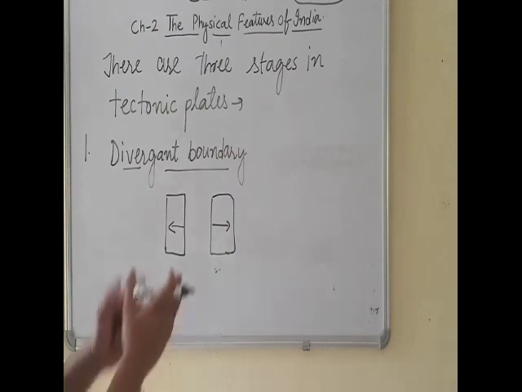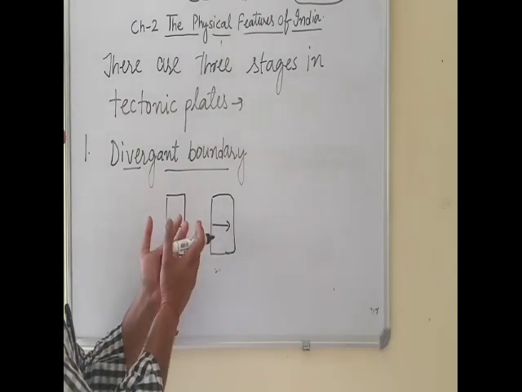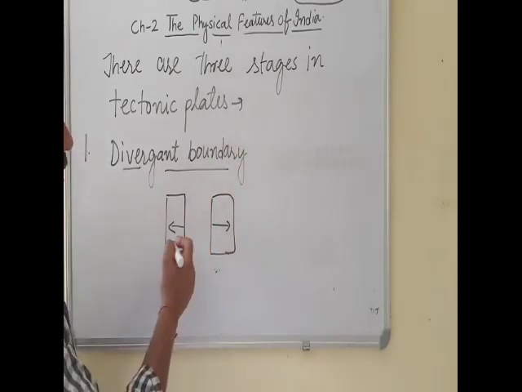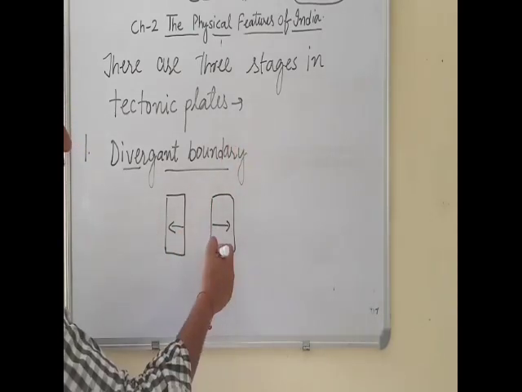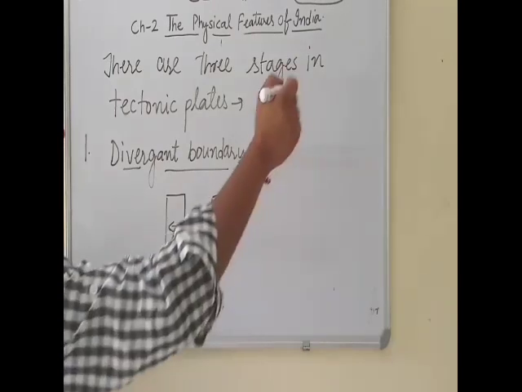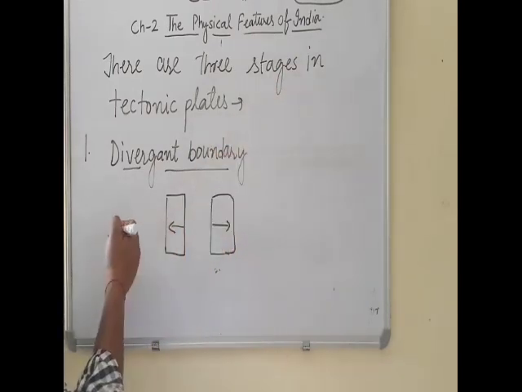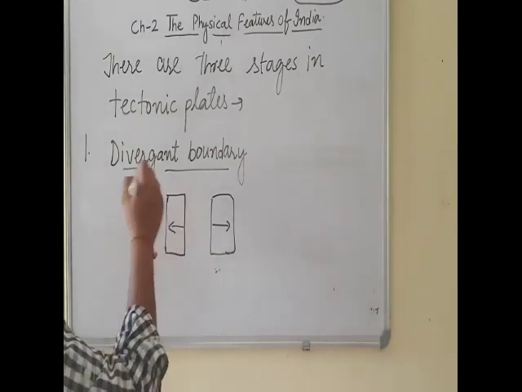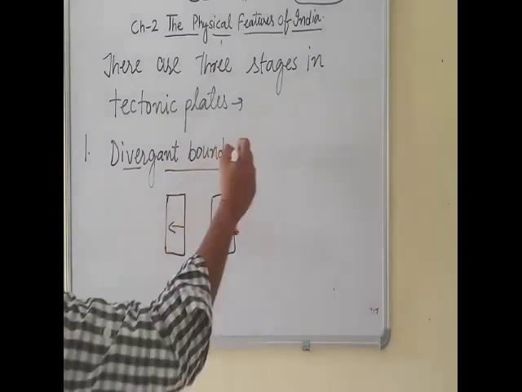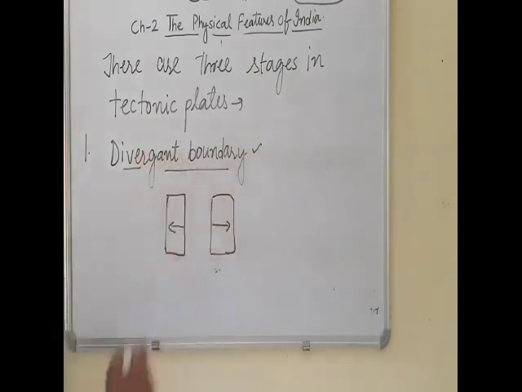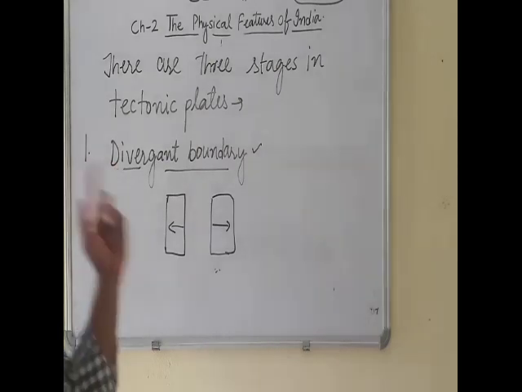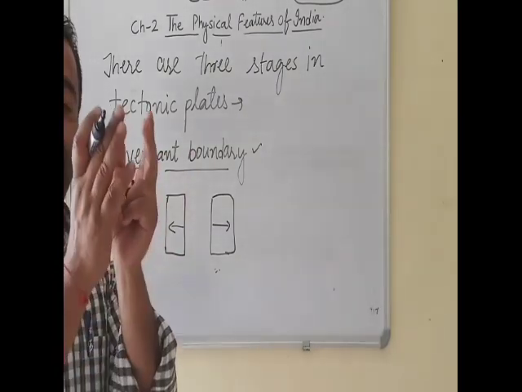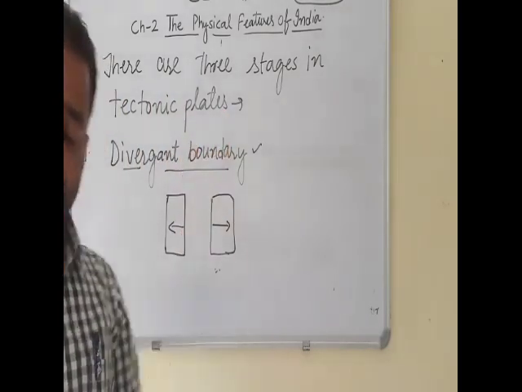So when there is a repulsion between the tectonic plates, when one side of the tectonic plate moves in one direction and the other in the other direction, this particular stage is called divergent boundary. So divergent boundary means when the tectonic plates move away from each other. Okay, clear?